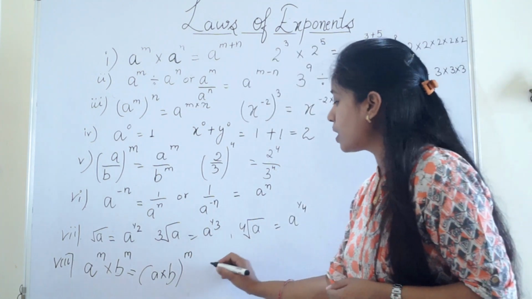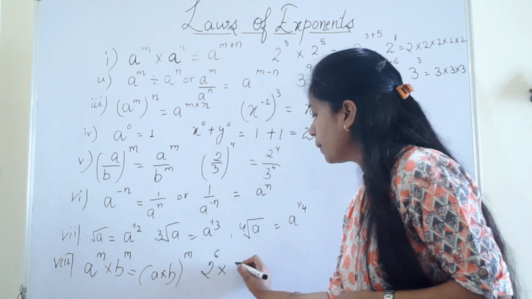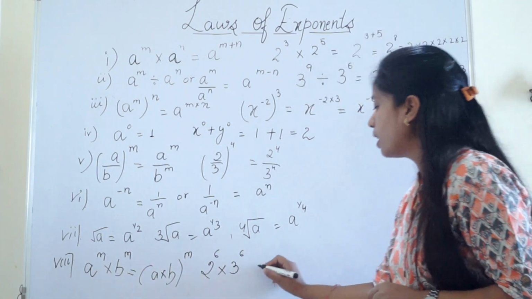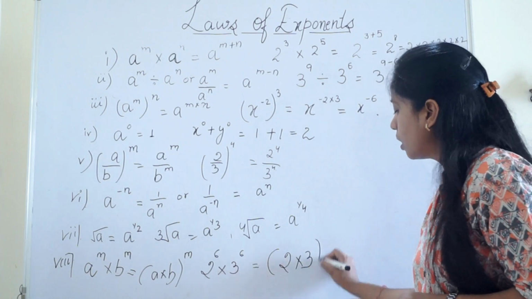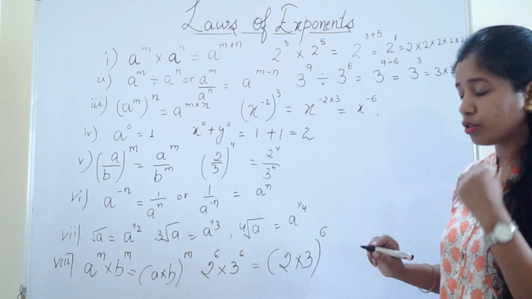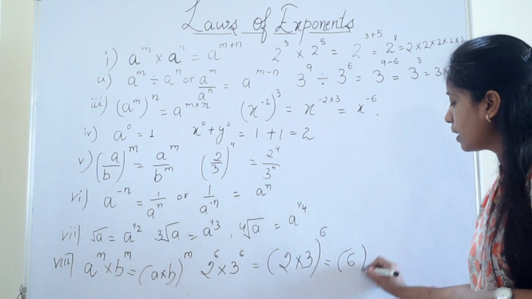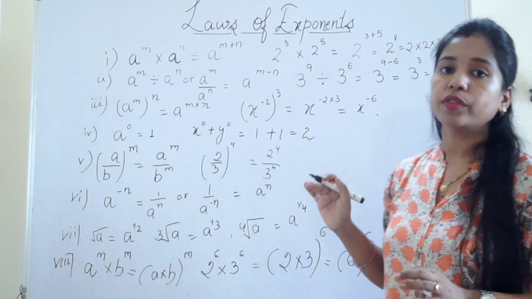For example, 2 to the power 6 multiplied by 3 to the power 6. I can write it as 2 multiplied by 3, whole power 6, which is 6 to the power 6. So these are the basic laws of exponents.